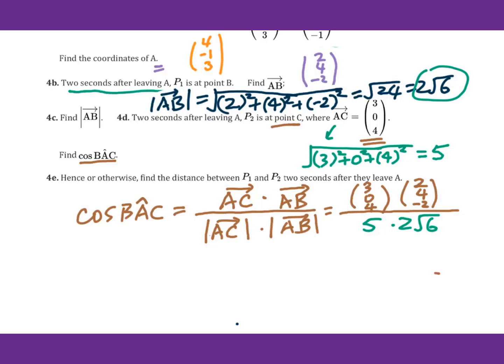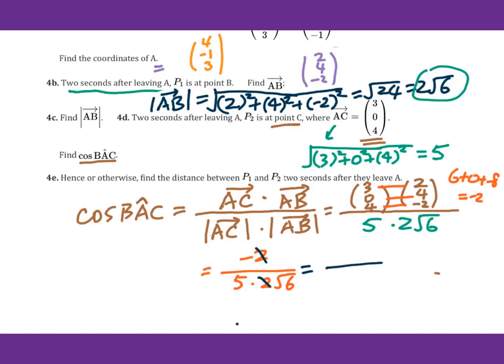Corresponding components multiply. You have 6 plus 0, then plus negative 8. You will get negative 2. Therefore, you get negative 2 over 5 times 2 square root of 6. Reduce.